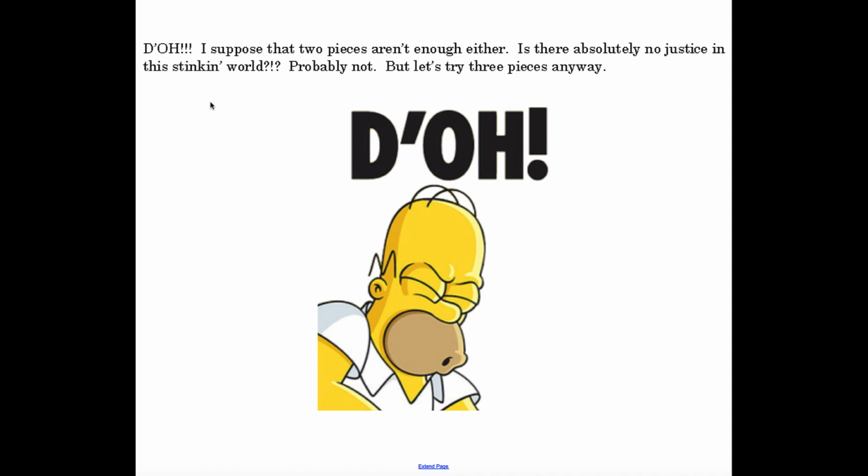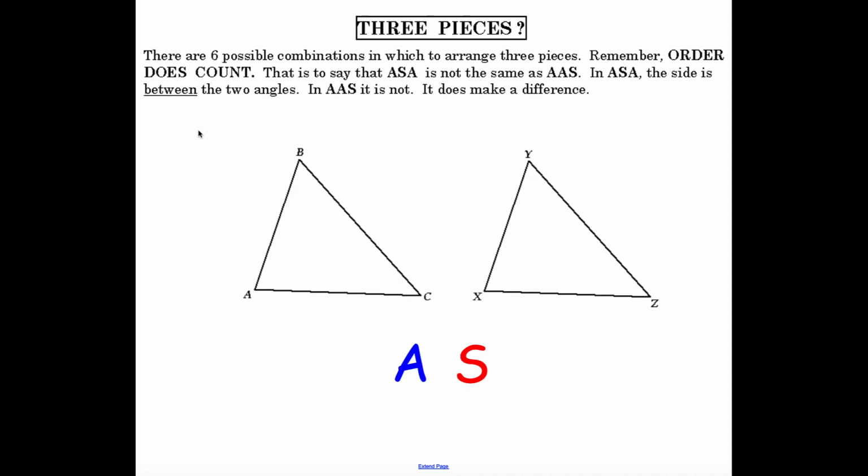Let's try three. Three would come after two, I believe. Three pieces. Now it's going to get more complex because the combinations of three pieces are much more plentiful than with two. First of all, we could have three sides. You could have side, side, side, right? Where you have all three sides congruent to all three sides of another one. That's one way you could go about it. Or you could throw an angle in the mix and you could do two sides and one angle.